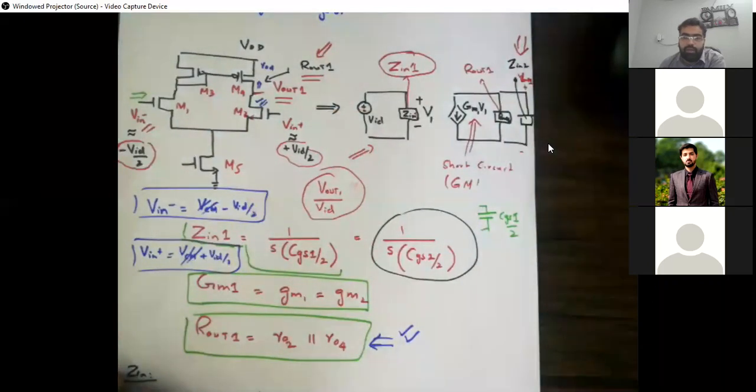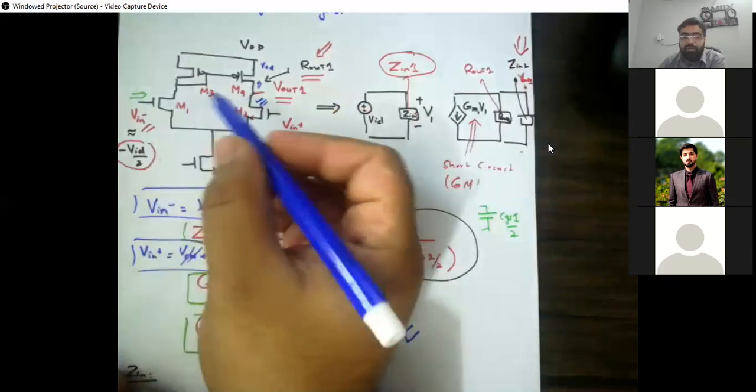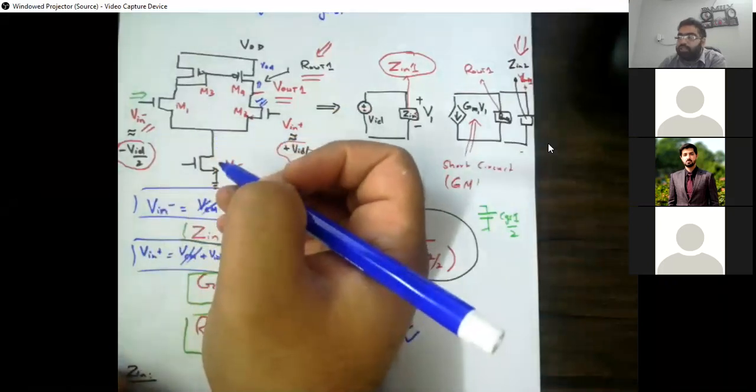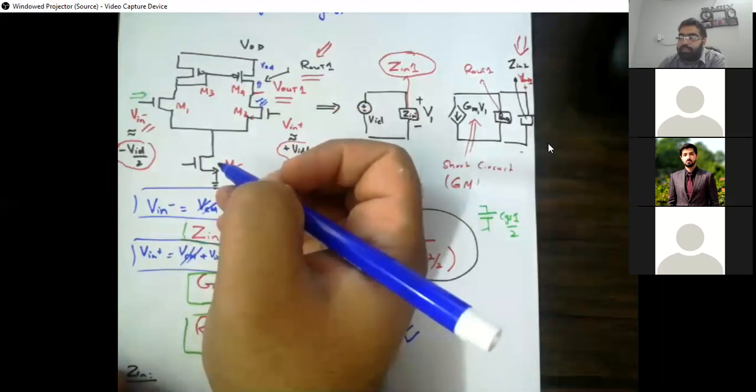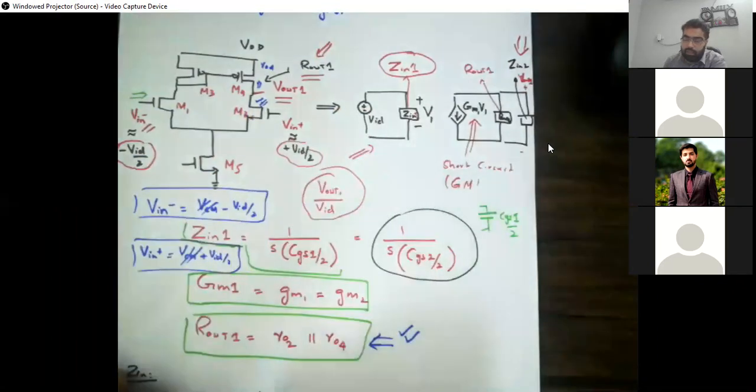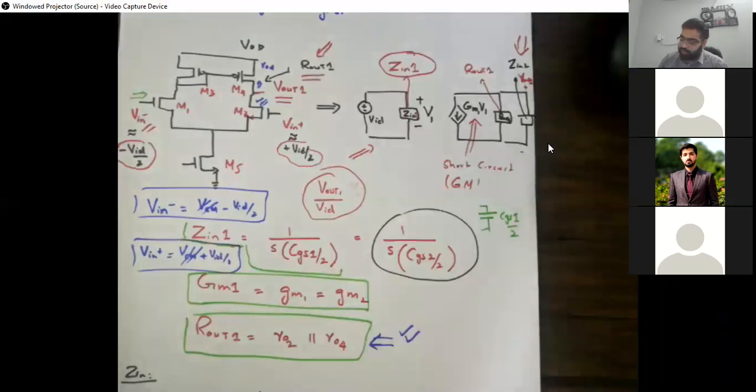Why? Because there is a feedback path involved in this configuration, which will halt us in mimicking the value as it's mentioned here. So that's what I want all of us to do together in a couple of minutes. But before that, let's do the first Z in 1 expression.